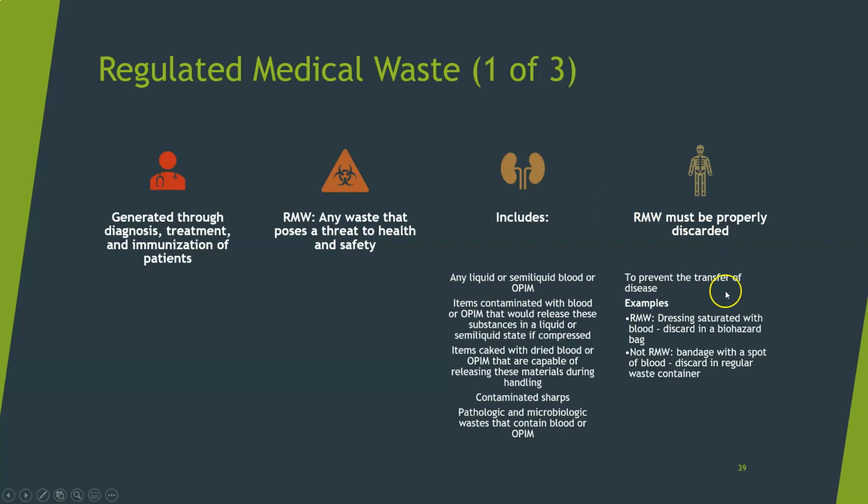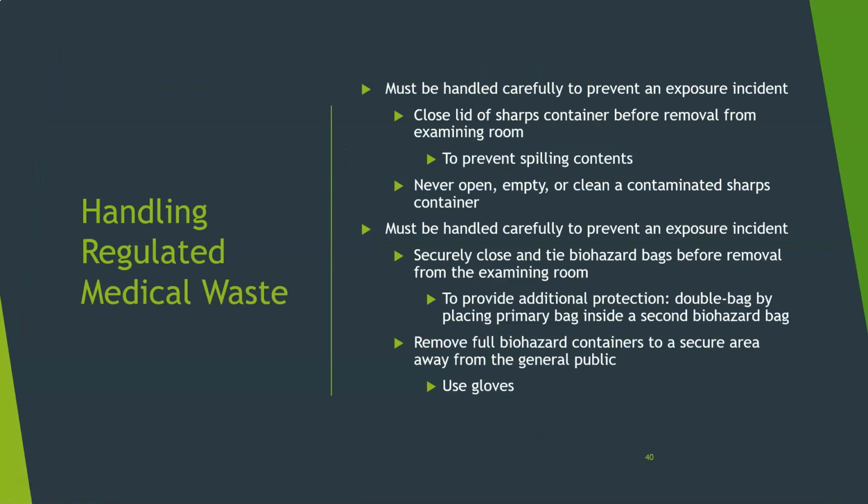Some of those include anything with different dressings. And then lastly, how to go about handling these is part of there. Obviously, you need to handle them carefully to prevent any exposures or any instances, and obviously wear gloves.